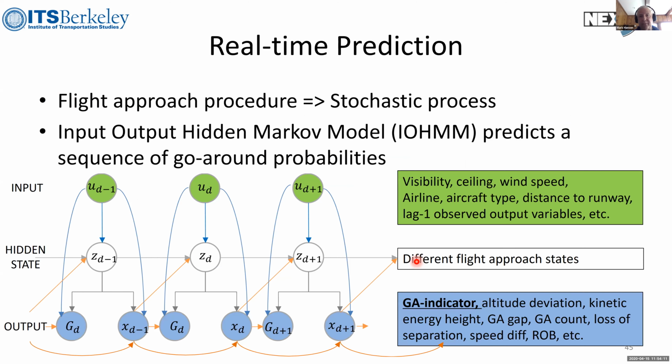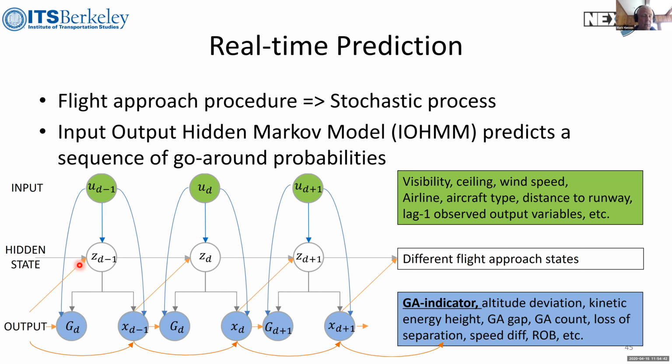Another kind of model that we've done, and this will be my last discussion, is to have real-time predictions. So we're using an input-output hidden Markov model for this, where we imagine as the flight approaches the runway, it has a hidden state, and depending on the state that it's in, there's some probability that it will engage in a go-around.